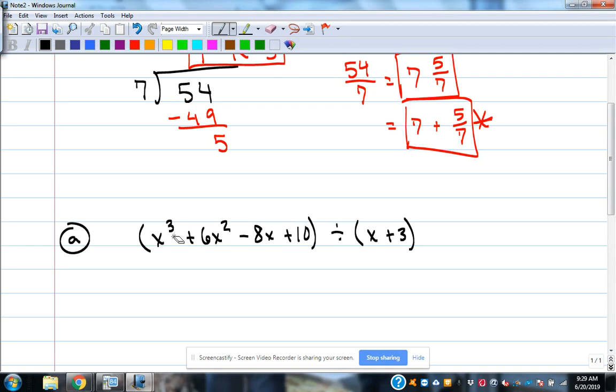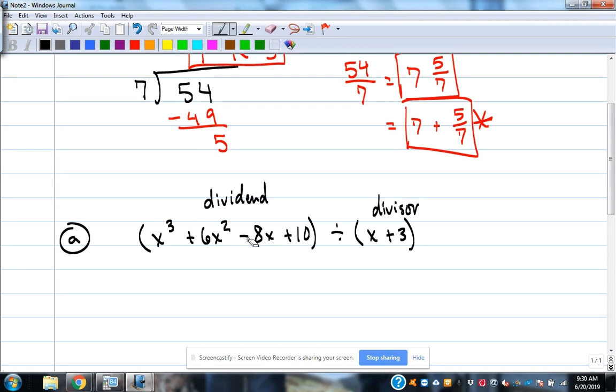Start with the highest power of x and go down. This is your dividend, and this is your divisor. The dividend is what you're dividing into. The divisor is what you're dividing by. Okay. Dividend and divisor both need to be in descending order. So start with the highest power of x and go down.